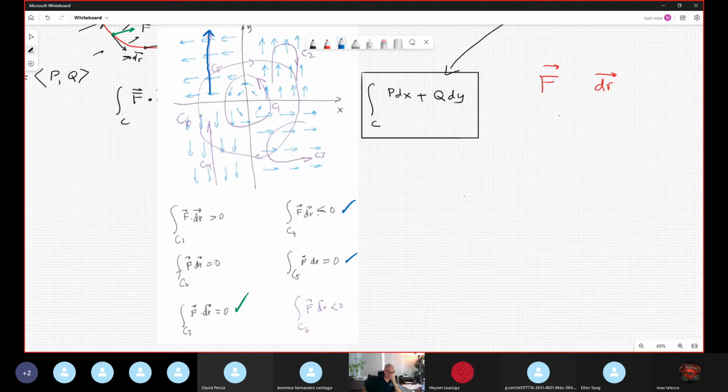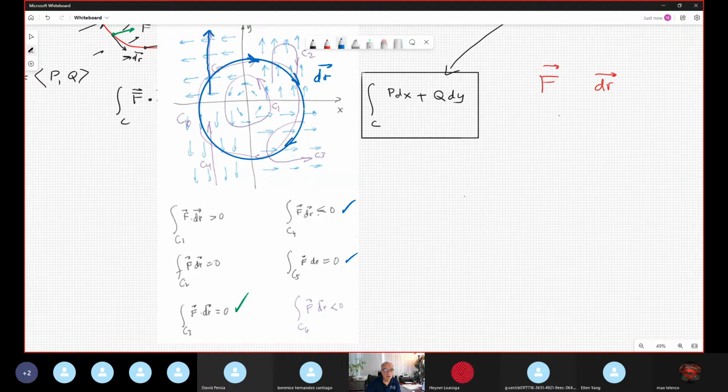And finally, the curve C6. You travel in this direction. When you travel in this direction, for example in that part, you see the direction of dr is a little bit opposite to the vector field.